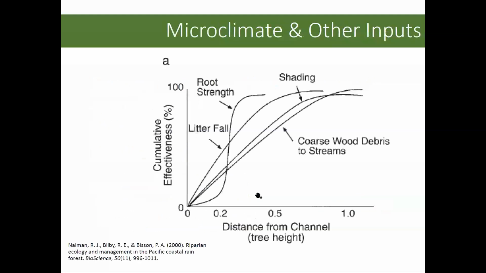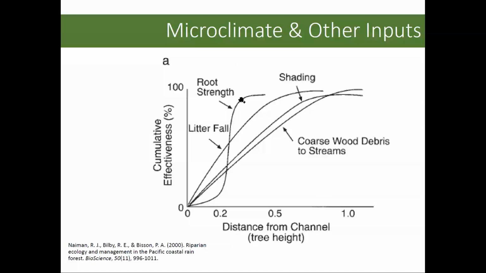Just as a reminder, this graphic was a good illustration of the influence that trees have from a shading, coarse wood, root strength and stability, or litter fall perspective, and how the importance of these different attributes changes depending on the distance from the channel.